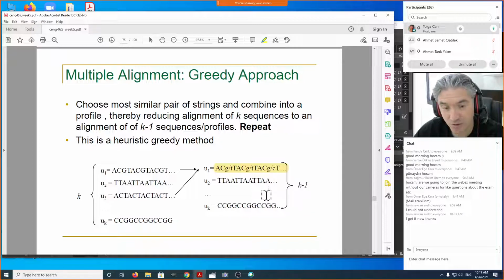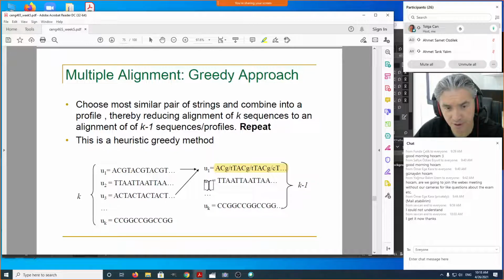I can try to figure out which pair in these K-1 sequences is most similar to each other. So I do another, this time K-1 choose two, alignments. Maybe I can reuse some previous alignments, right? Do I really need to do K-1 choose two pairwise alignments here? No, right?